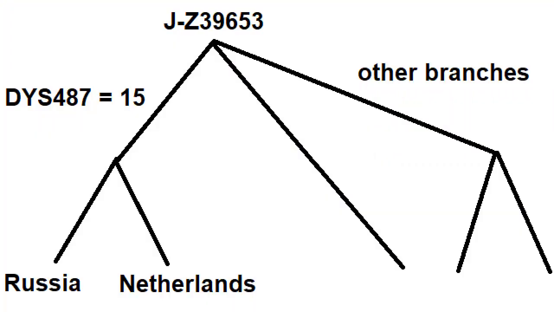So, what can we practically gain from having identified an allele that looks like it indicates its own branch of this lineage, JZ39653? What's the point? Well, you can create a tree structure like this.